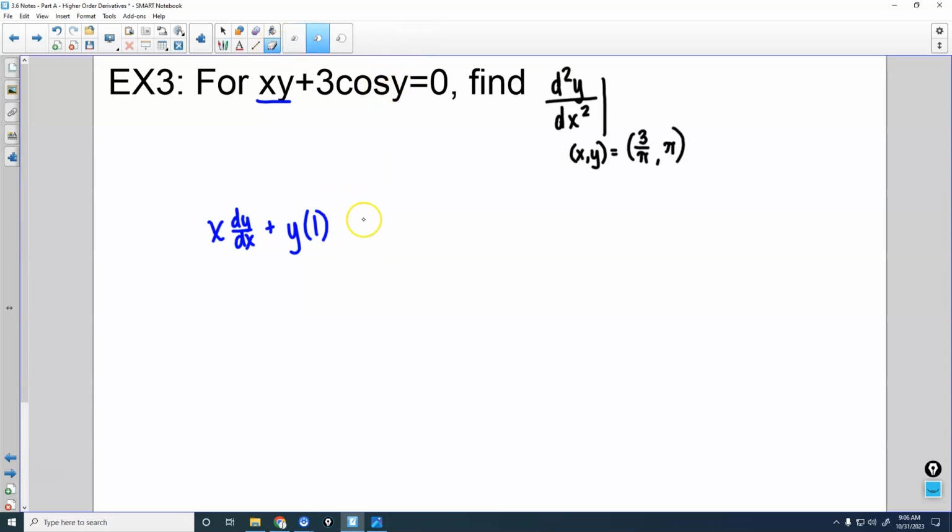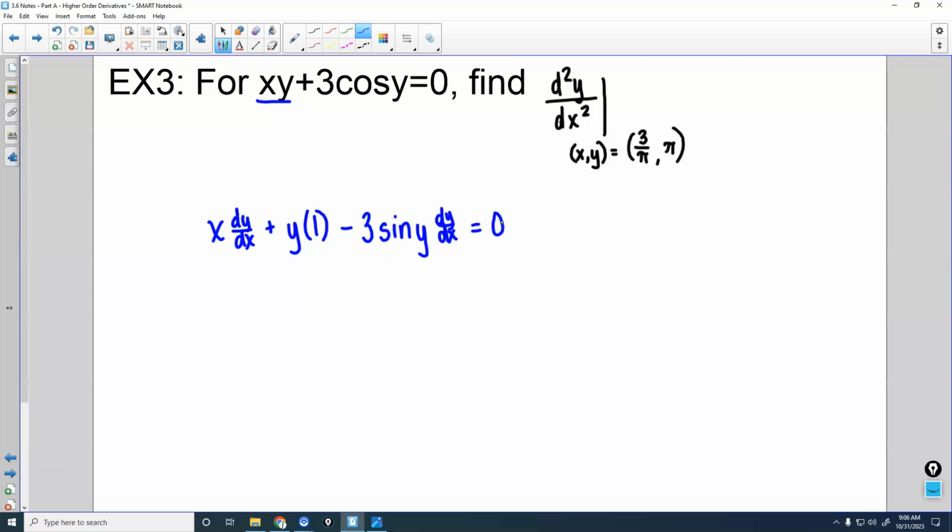So actually I'm going to make that a minus right there. Minus 3 sine y. You must put a dy dx with that, and that'll equal 0. Everybody all right here?